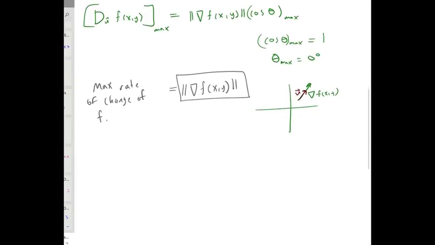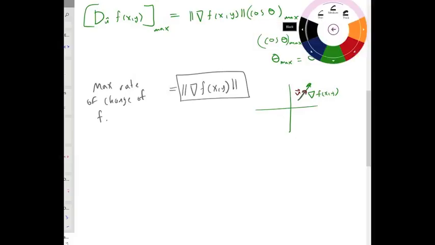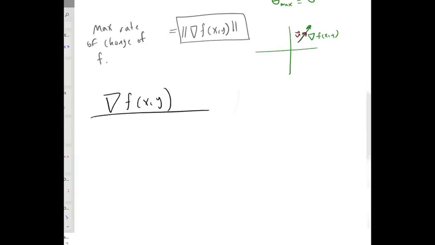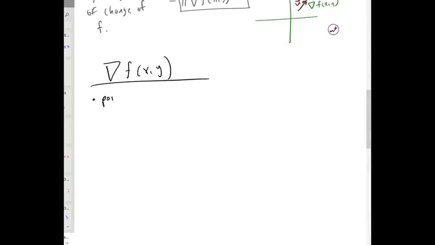Okay, and the direction, so the unit vector pointing in the direction of max rate of change is in the direction of the gradient. So the gradient of f of x, y points in the direction of maximum rate of change.